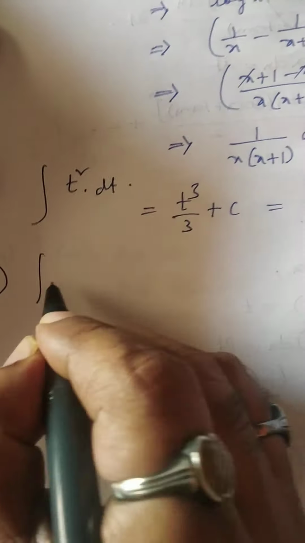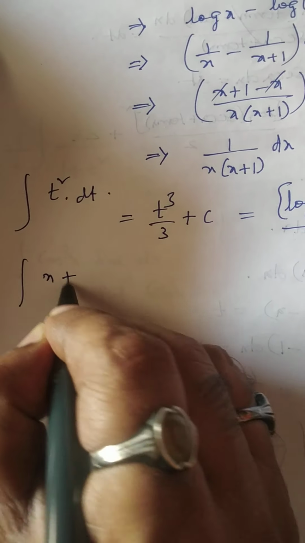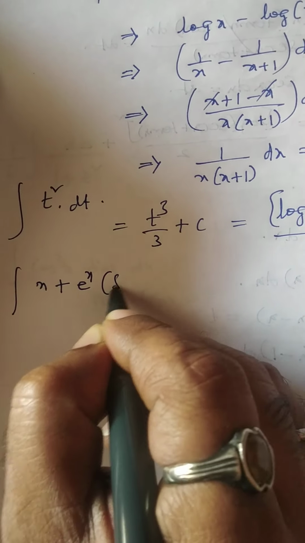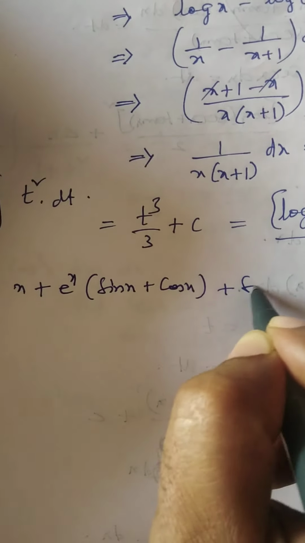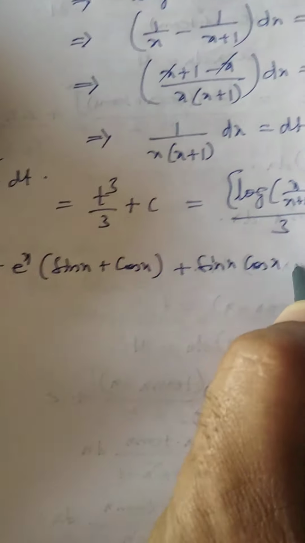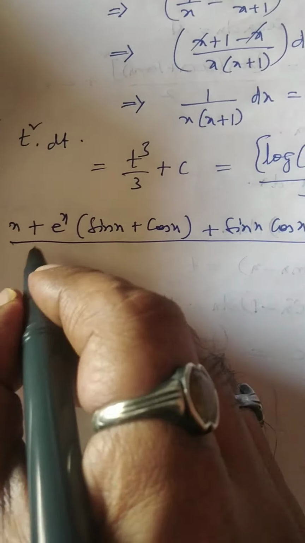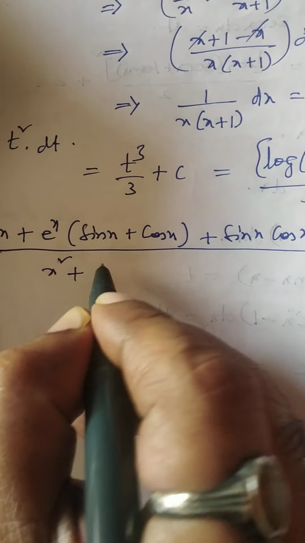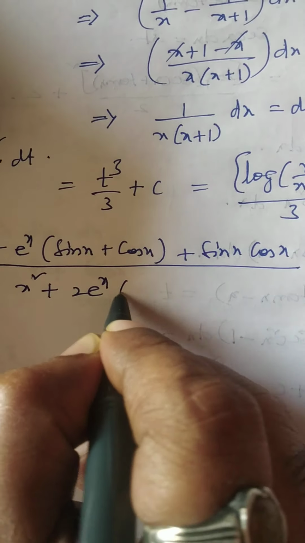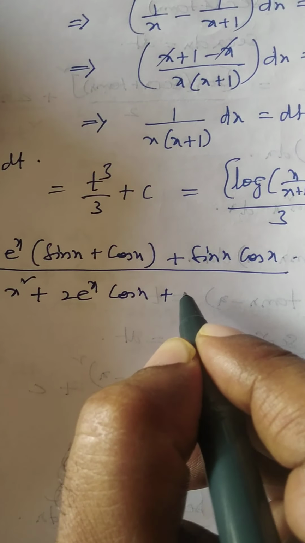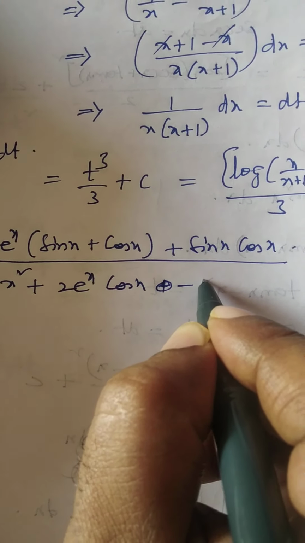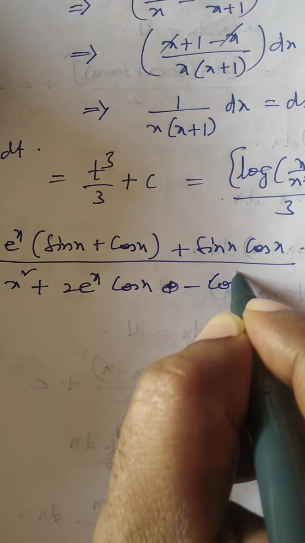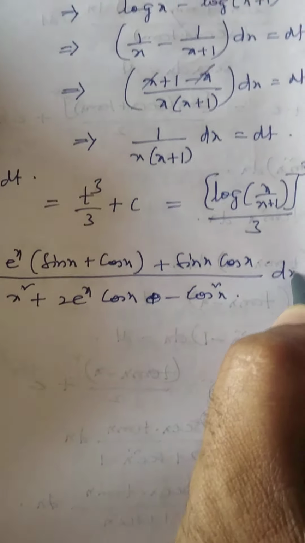Integration of x plus e power x into sin x plus cos x plus sin x cos x by x square plus 2 e power x into cos x minus cos square x dx.